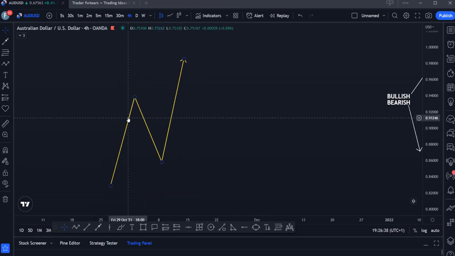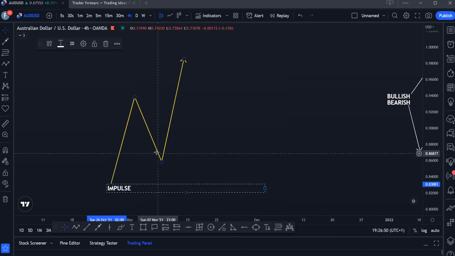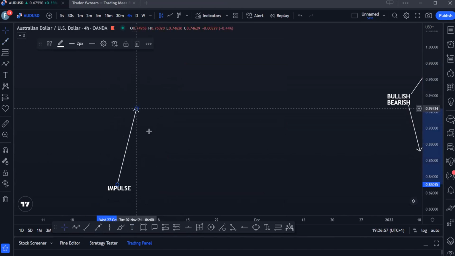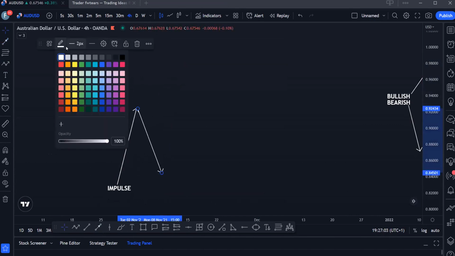So you have three moves here. The first move in a trend is called the impulse. Let me use different colors for them.